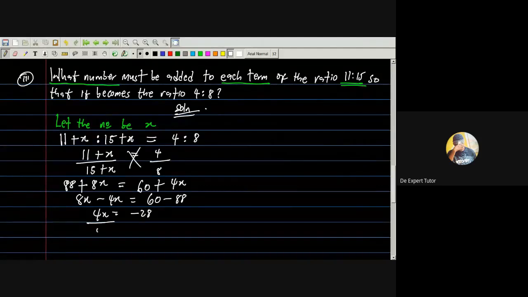I'll divide this by 4. Divide this by 4. Then cancel, 4 here, 4 here, 7. So x equal to minus 7.